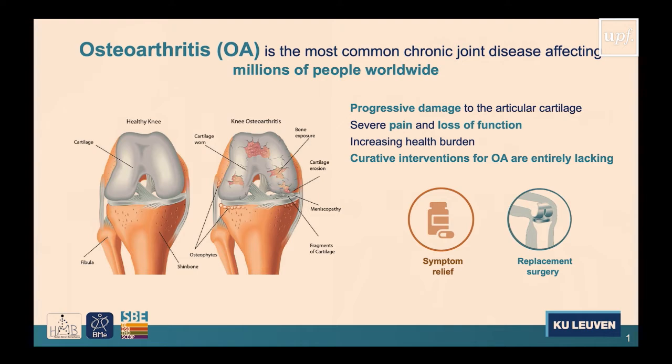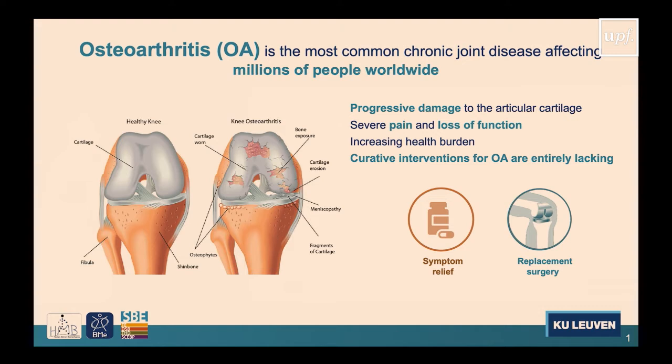Now, at the moment, there is no cure for osteoarthritis. So once a joint is affected, there is no way to cure the joint in itself. The current curative interventions for osteoarthritis are limited to symptom relief. People get painkillers when they have painful episodes, or in the end stage of the disease, we can use, as Rami said, a hammer, and we can just replace the joint.